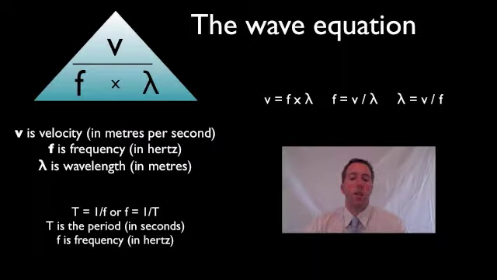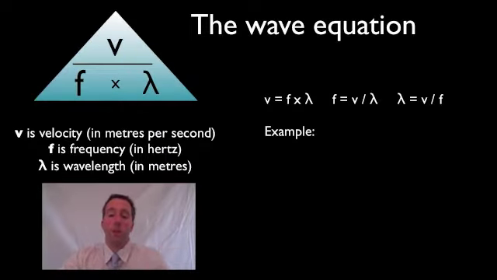If we want to figure out the frequency, and we've got the velocity and the wavelength, then the frequency is equal to the velocity divided by the wavelength. And the last one, if we want to figure out the wavelength and we've got the velocity and the frequency, then the equation is wavelength equals velocity divided by frequency.